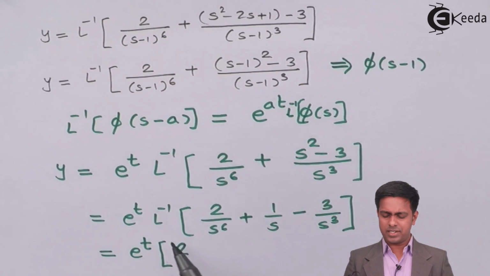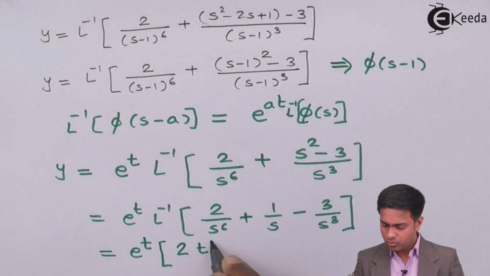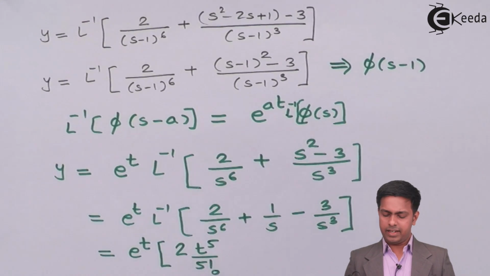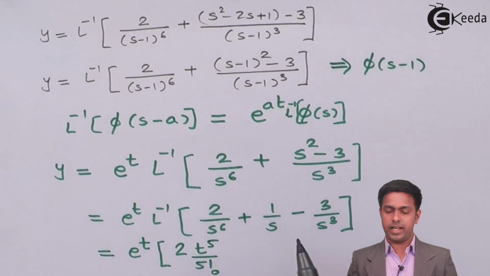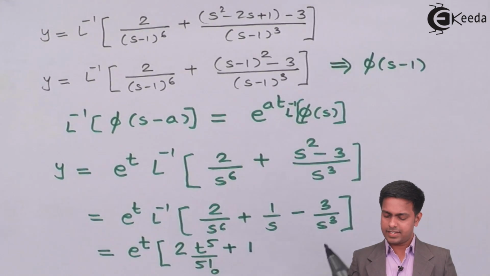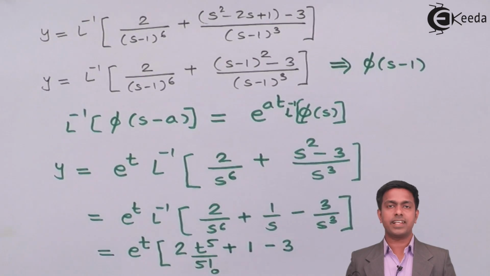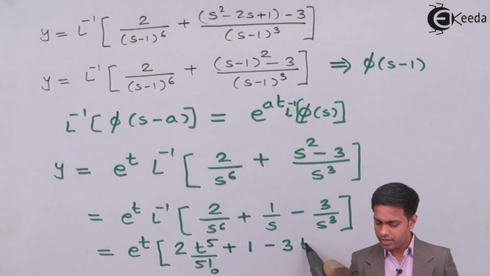Now what is the inverse Laplace transform of 1 upon s raised to 6? It is t raised to 5 upon 5 factorial. Then the inverse Laplace transform of 1 upon s is 1. Next, negative 3 constant outside, and the inverse Laplace transform of 1 upon s cube is t square upon 2 factorial.